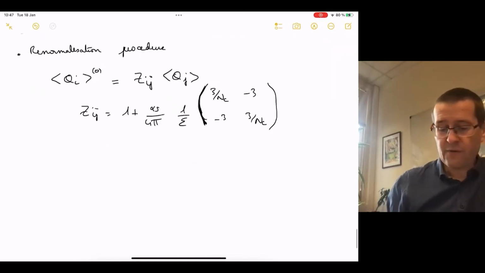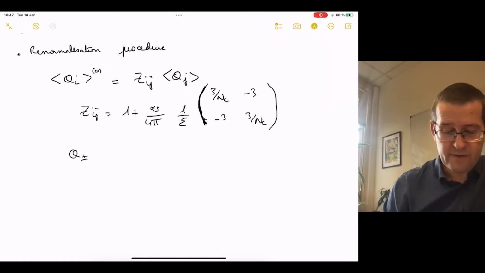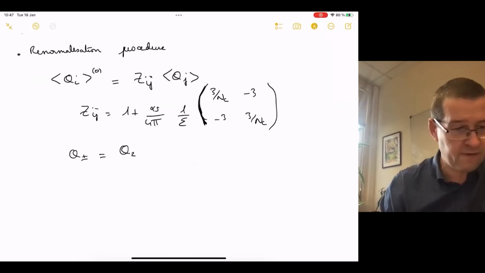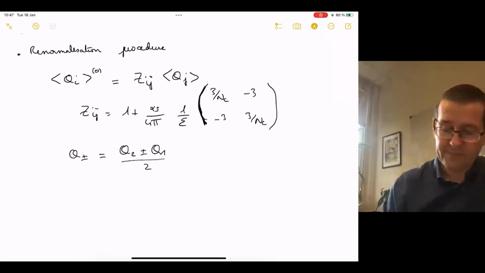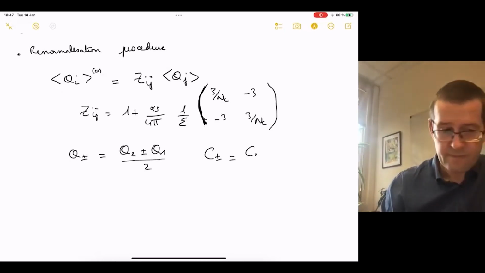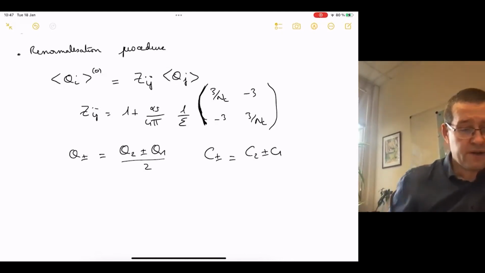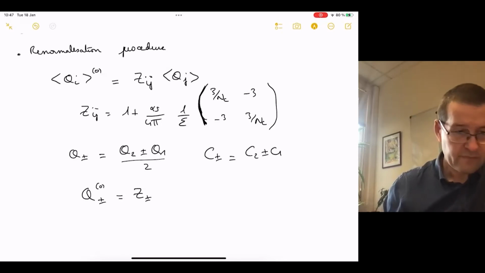And then you see that actually it's much simpler to diagonalize this structure, which is not very difficult. You see that if you're defining combinations of Q1 and Q2, actually the operator becomes much simpler.